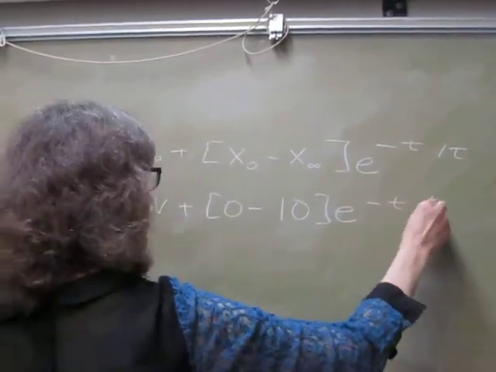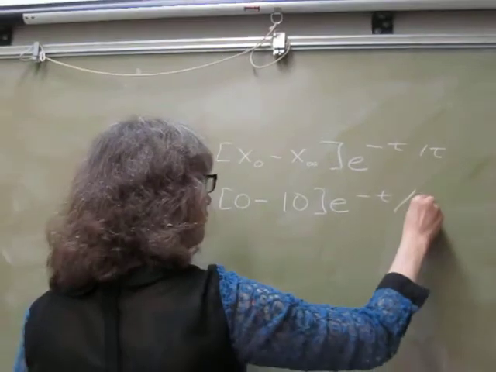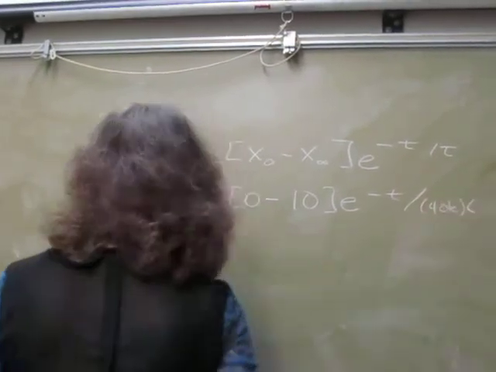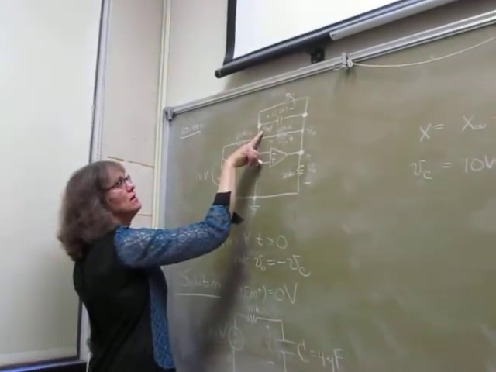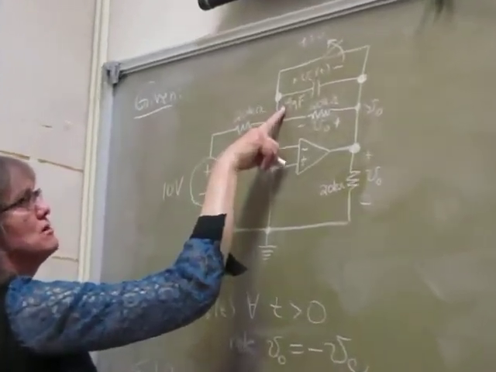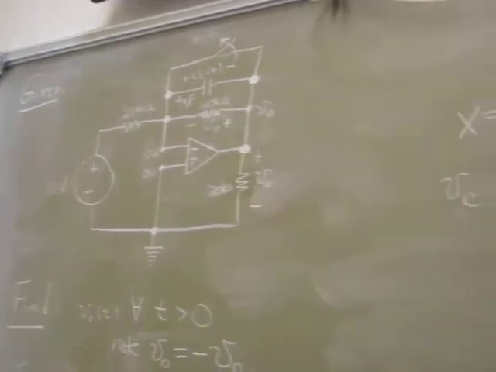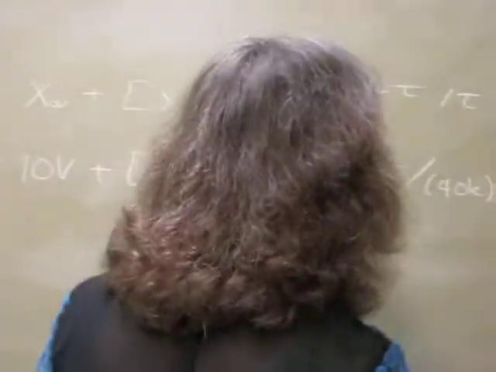What's tau? Tau is RC, R is 40K. C, I had forgotten to label it, but I stuck it in there during one of those breaks. The capacitance is 4 microfarads, so that's 4 micro.